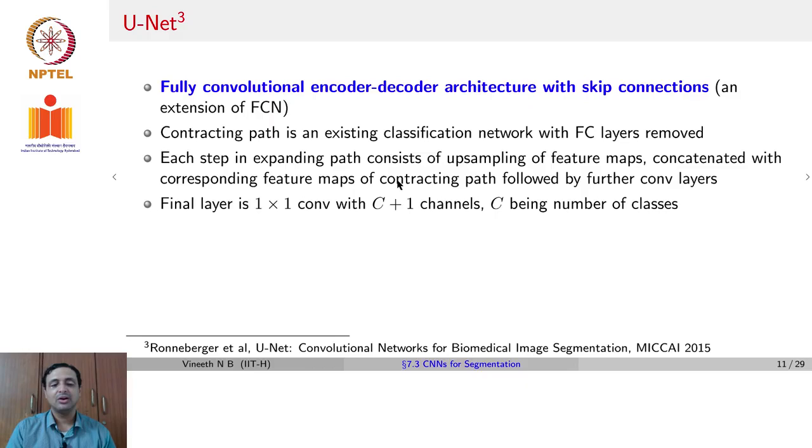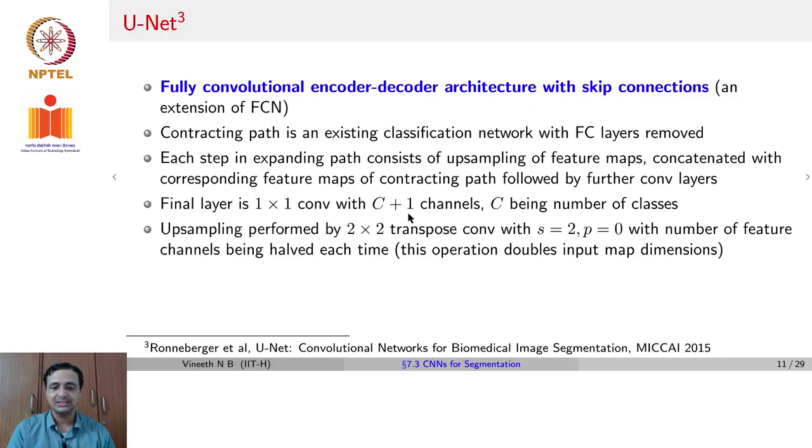Finally, at the end, you have a 1x1 convolution with C+1 channels, where C is the number of classes. The upsampling in UNet is performed using transpose convolution, 2x2 transpose convolution with stride 2 and padding 0. And the number of feature channels are halved in each upsampling step, which means the total input dimensions will double now.